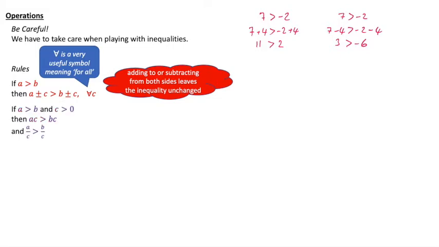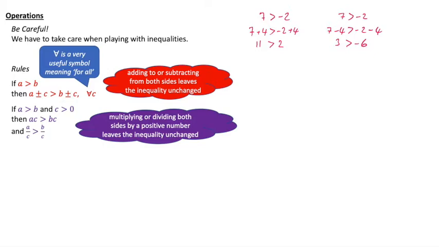Second rule, if a is greater than b and c is greater than 0, then ac is greater than bc, and a divided by c is greater than b divided by c. So what that means is that if we multiply or divide both sides by a positive number, this leaves the inequality unchanged.